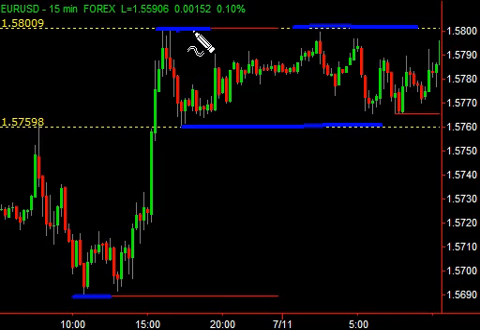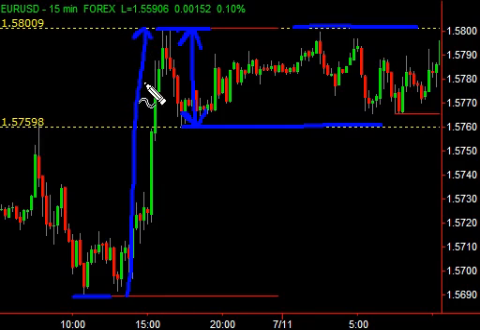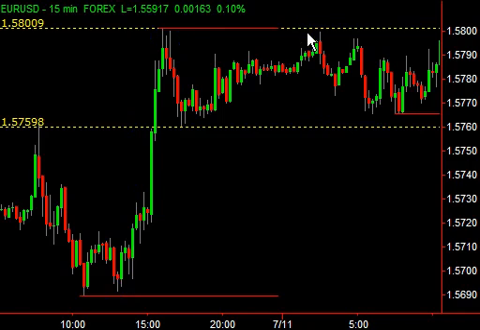What I can see is that this range is at the top portion, the top third basically, of the previous day's high-low range. That's an ideal location that I'm looking for. I've identified the overnight range, and in this case, it's at an ideal location.